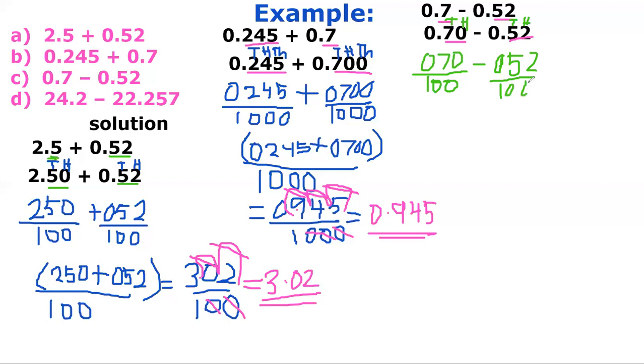Now they are like fraction because they have the same denominators, 100, 100. Then because they have the same denominators, you choose one of the denominators here. We have 100 here. And then you perform the actions at the top here.